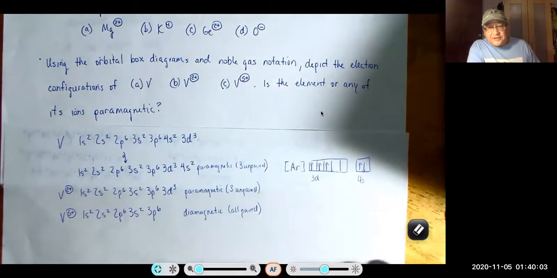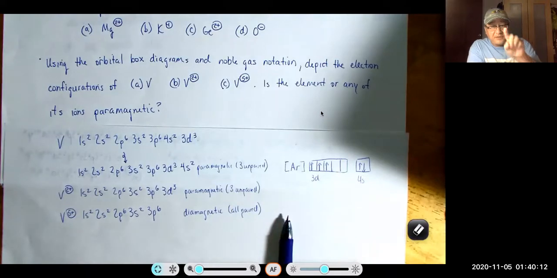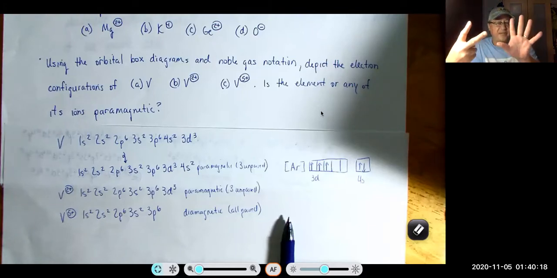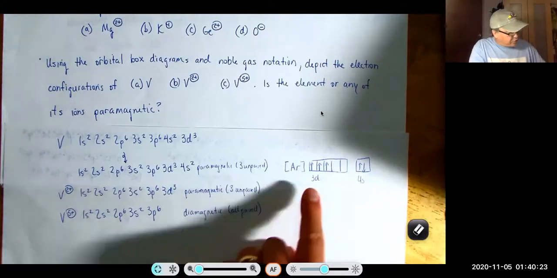Remember, the 4s subshell only has 1 orbital. So you've got to remember that. S subshells, 1 orbital. P subshells, 3. D subshells, 5. F subshells, 7 orbitals. Okay, so this is neutral vanadium.